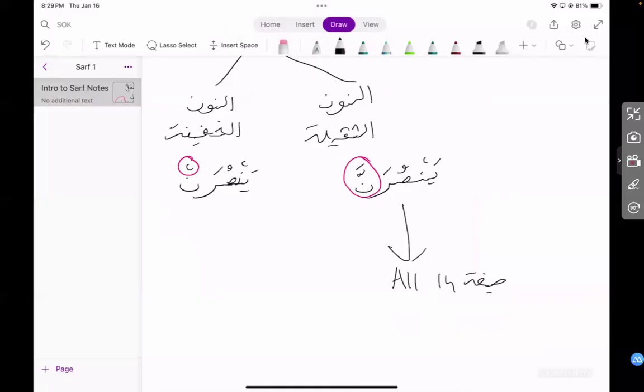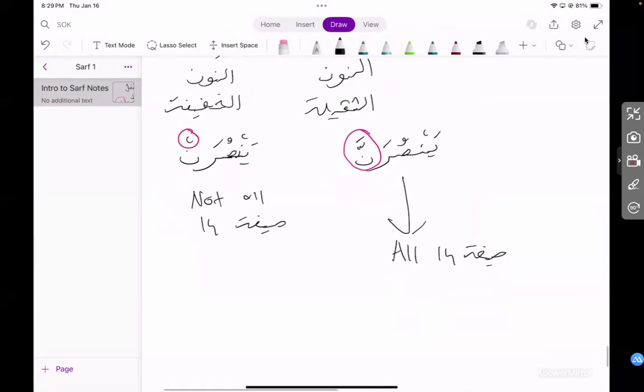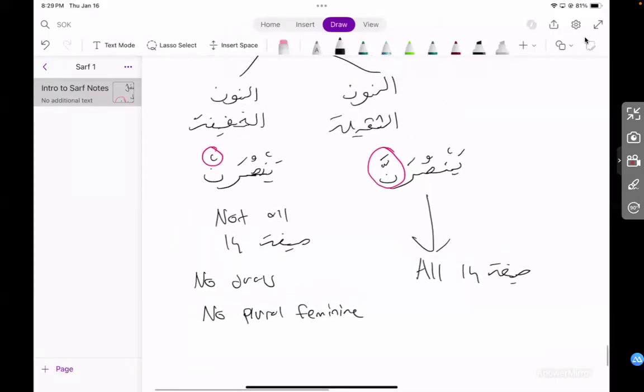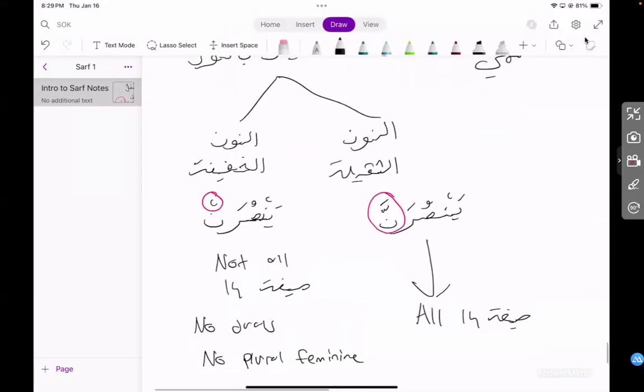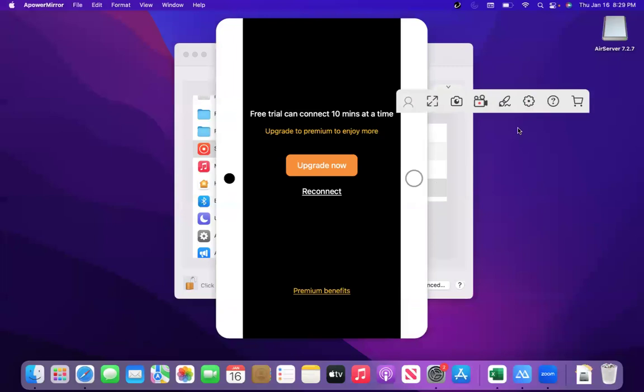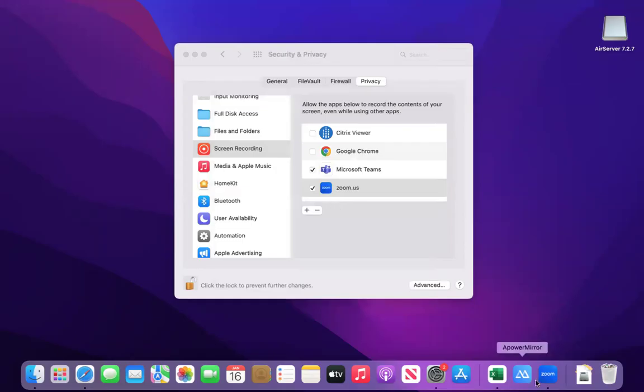The reason is there are no duals and also no plural feminines. If you want the details, you can look at the slides or the book and see how many exactly there are. But in short, in the noon thaqila you have all the sighas, and in the noon khafifa you only have these few.